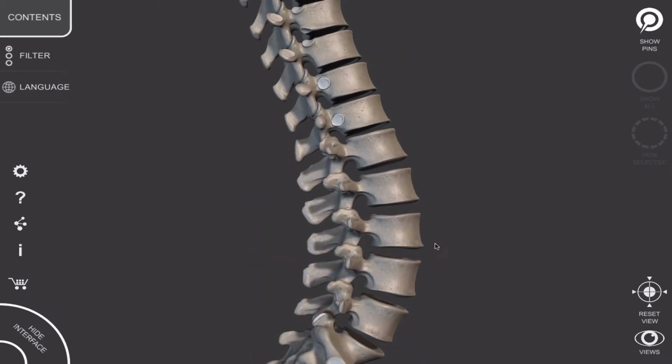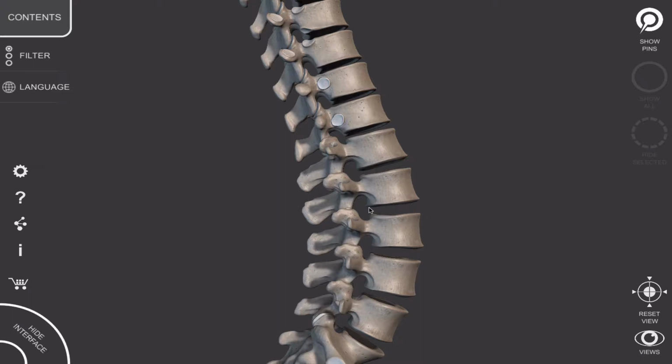All right. I want you to also notice that in between each vertebrae, and in this particular animation you see nothing, but in between each vertebrae would be what's known as an intervertebral disc. This would be a cartilaginous structure, and I'll explain more to you about this in lecture.